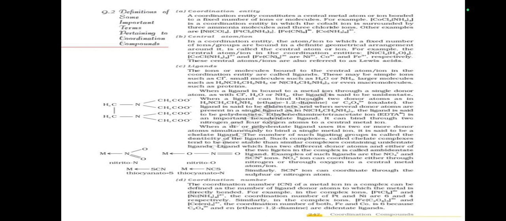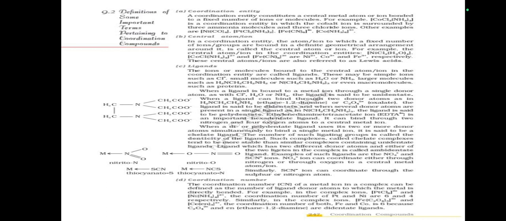Coordination number. The coordination number (CN) of the metal ion in a complex can be defined as the number of ligand donor atoms to which the metal is directly bonded. For example, in the complex ions [PtCl6]²⁻ and [Ni(NH3)4]²⁺, the coordination numbers of Pt and Ni are 6 and 4 respectively.